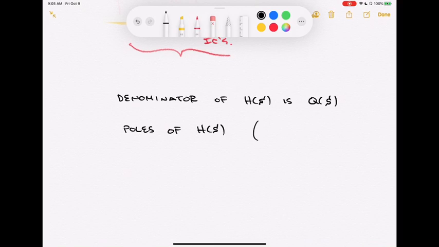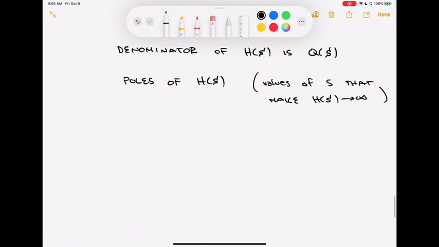These are the values of s that make h of s go to infinity. So it's basically the roots of the denominator. So the poles of h of s are the characteristic roots.